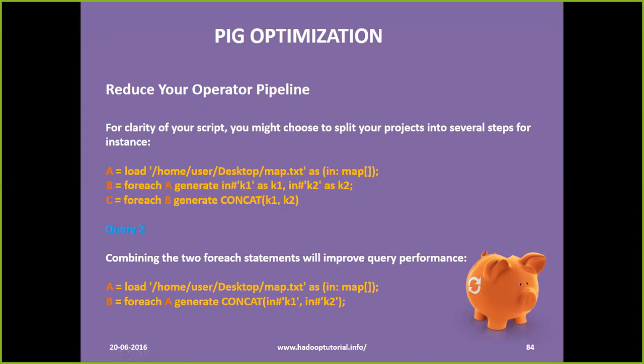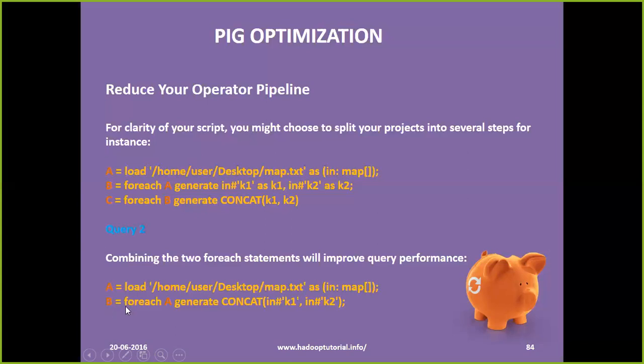Now, instead of writing two foreach statements here, one for generating the values and the other for concatenating, we can merge them into one foreach. For each A, generate concat of in#K1 and in#K2 directly here itself.